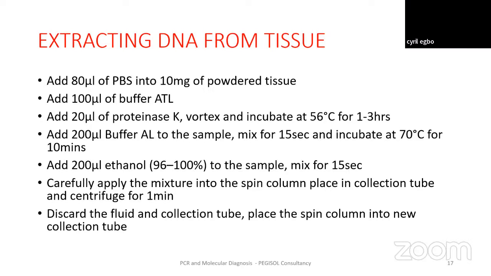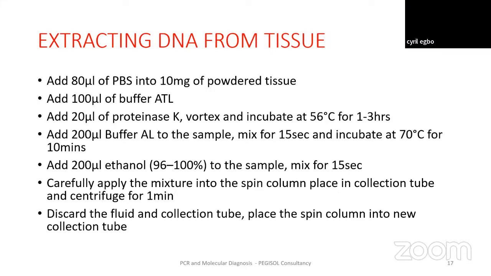Then after which you now add 200 microliter of absolute ethanol to this sample. It could be 96 or 95. Let me say 96 to 100, which is the absolute ethanol. Then after which you mix for 15 seconds.